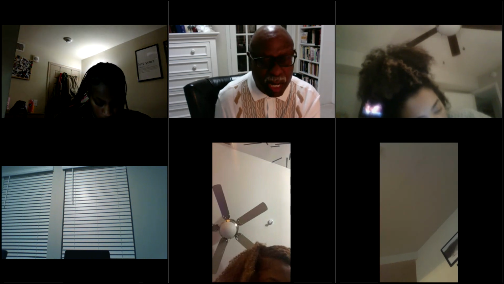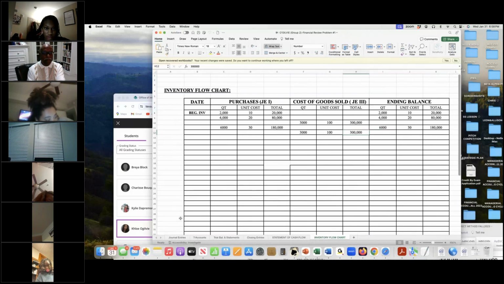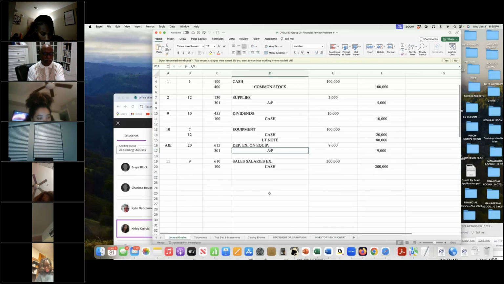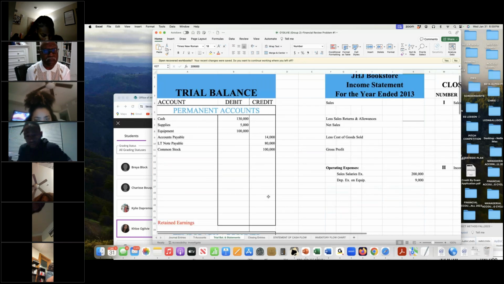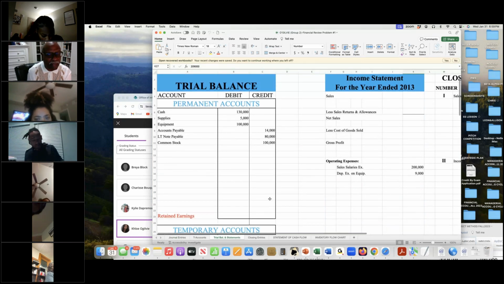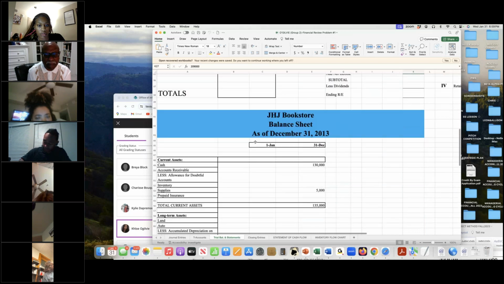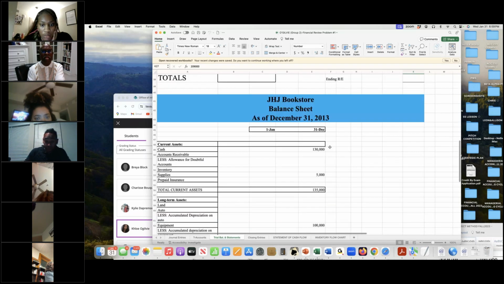So I'm just pulling this up, and we can all look at it. Got an inventory flow chart. Uh-oh, looks like we're missing some journal entries here. Which problem is this? Okay, so let's look at this problem, since I have it.